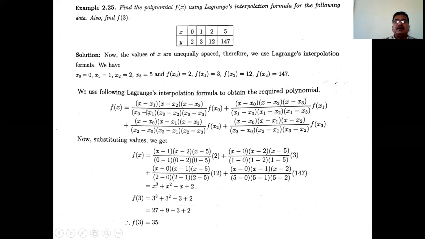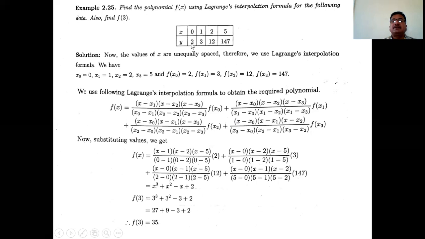Then write the Lagrange's interpolation formula that contains 4 terms. The RHS of Lagrange's interpolation formula contains 4 terms, and substitute the value of x is equal to x and all the remaining values of x0, x1, x2, x3, and f of x0, f of x1, f of x2, f of x3.